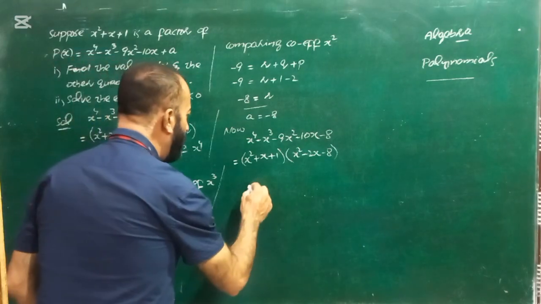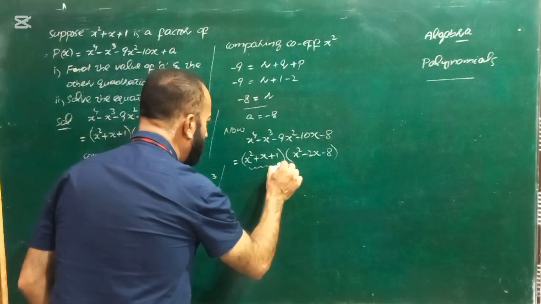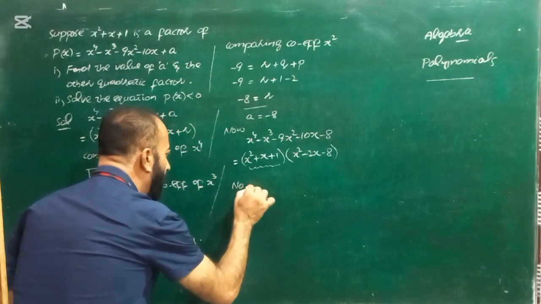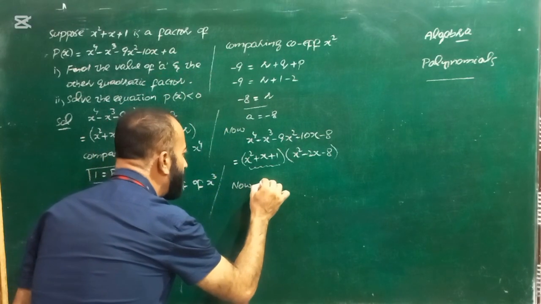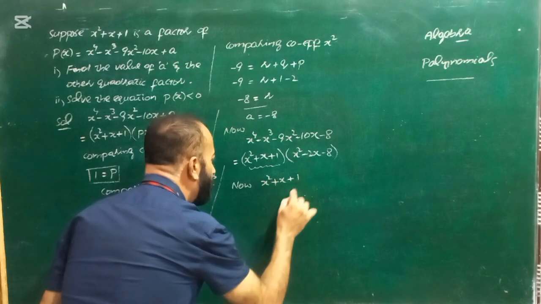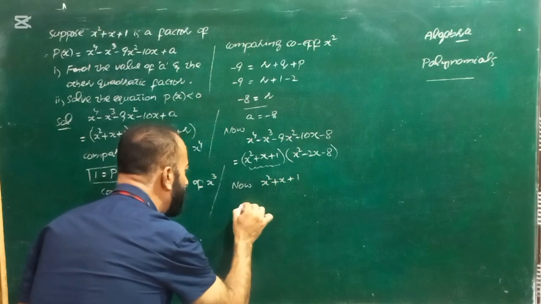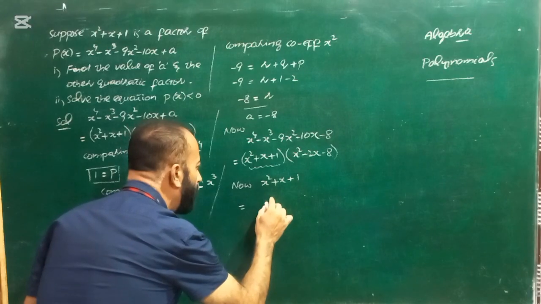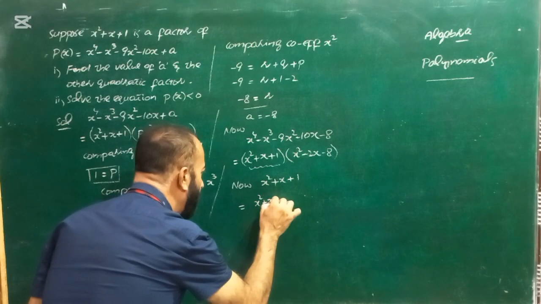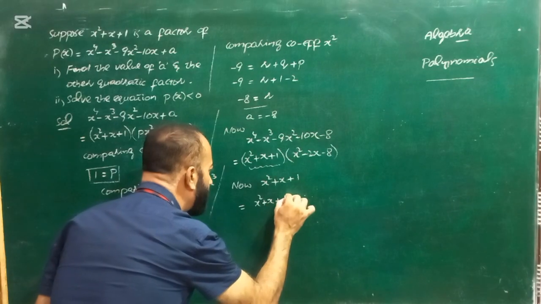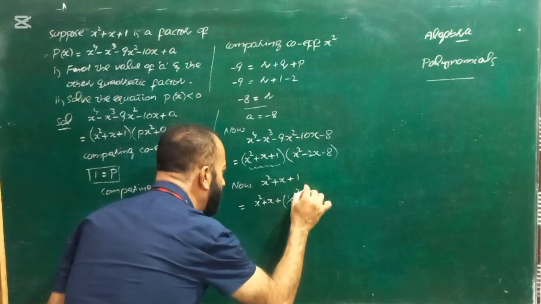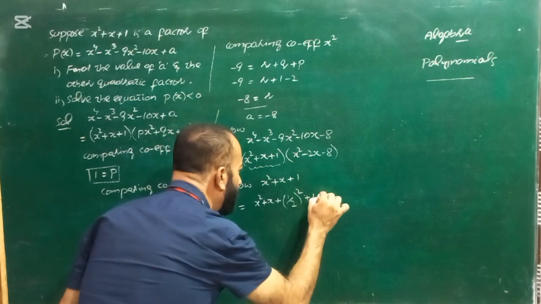Okay, from here now we will prove that this is positive and then we will solve it. So look now, x square plus x plus 1. So the completing the square method will be applied here. So x square plus x plus 1 by 2 square will be added here and subtracted here.